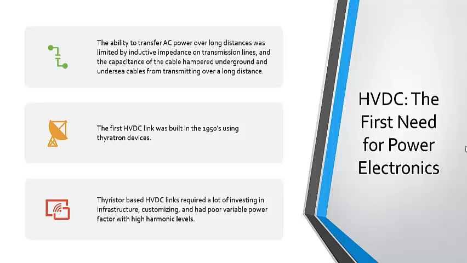It was then discovered that DC power could be transferred over a long distance. The first HVDC link was built in the 1950s using thyratron devices. Thyristor-based HVDC links require a lot of investing in infrastructure, customizing, and had poor variable power factor with high harmonic levels.